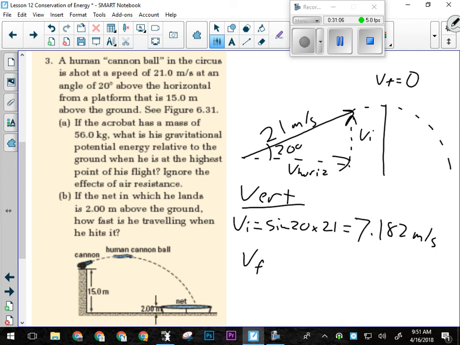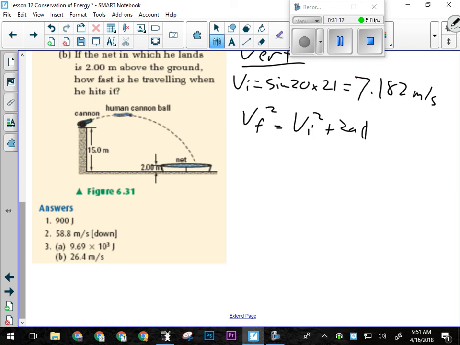So VF squared equals VI squared plus 2AD is the formula we always used when we were trying to calculate height. I'm going to leave height over there, and that'll give me D. We did that a whole bunch of times back in the projectile motion stuff.